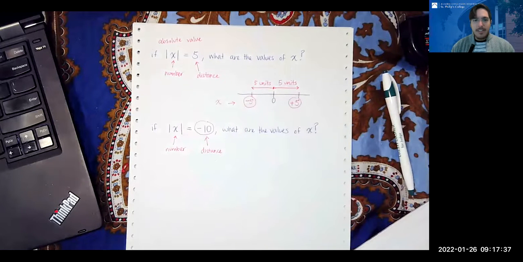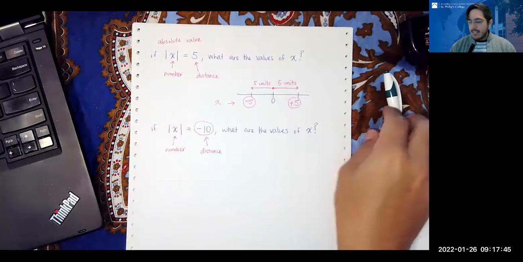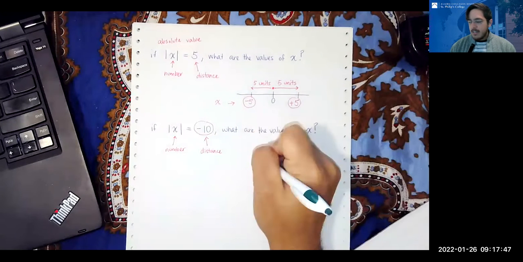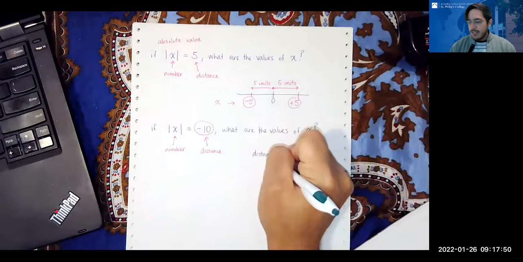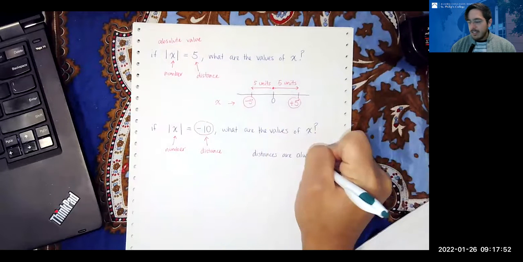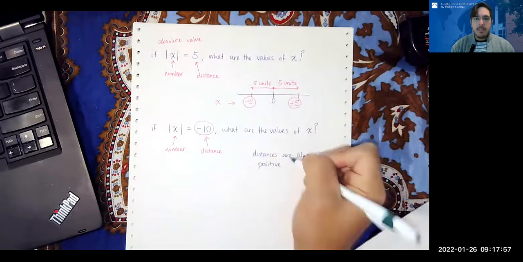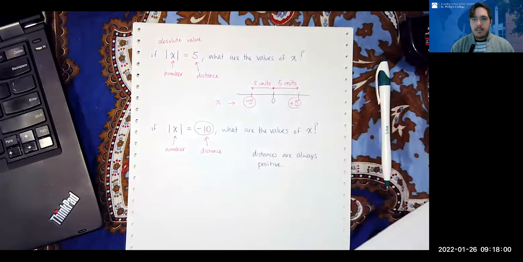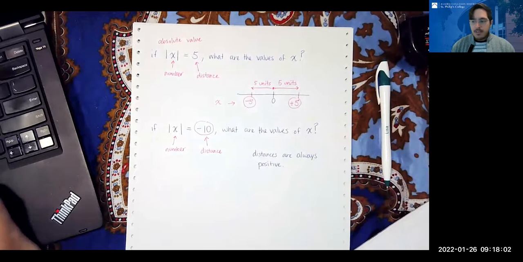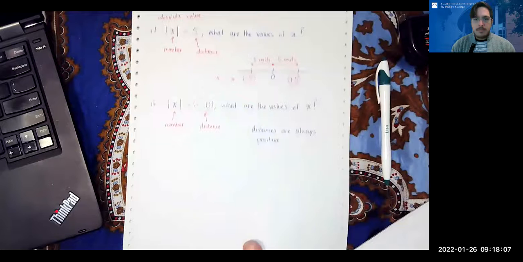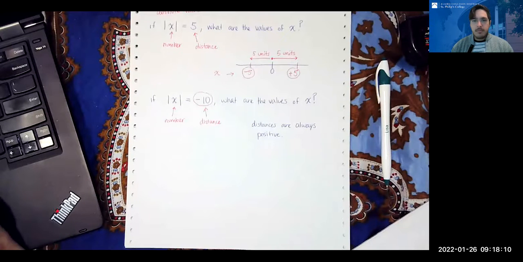Last time I made a note that distances are always measured in positive values. And I remembered that, and I thought that meant it would just be positive 10.